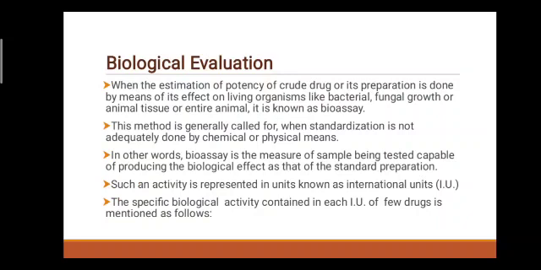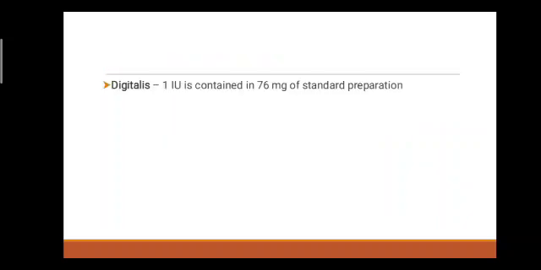The specific biological activity contained in each international unit of a few drugs is mentioned as follows. The first, digitalis: one international unit is contained in 76 milligram of standard preparation.